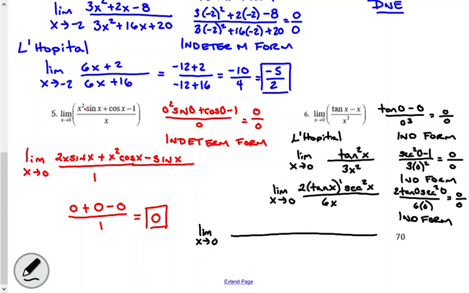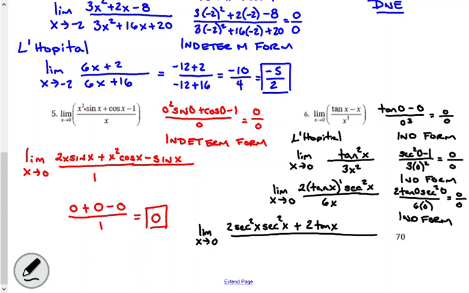Okay, so yeah, and chain. 2 times the derivative of tangent, which is secant squared. Secant squared. That second one stays there. Plus 2 tangent x.